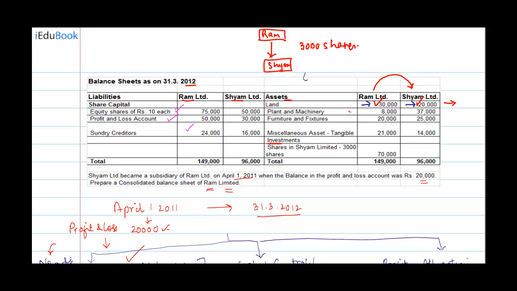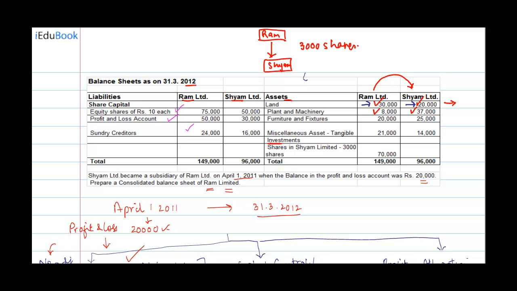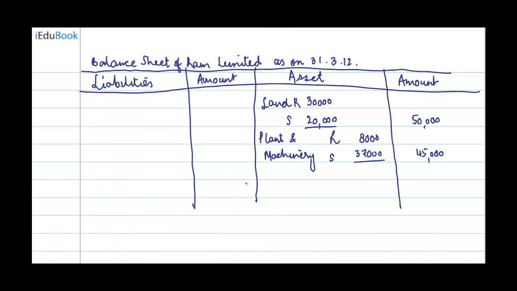Plant and machinery: Ram 8,000, Sham 37,000. There is no adjustment in any of these items, so again a tick. Furniture and fixtures 20,000, 25,000. No adjustment, so we just put this amount and move on.